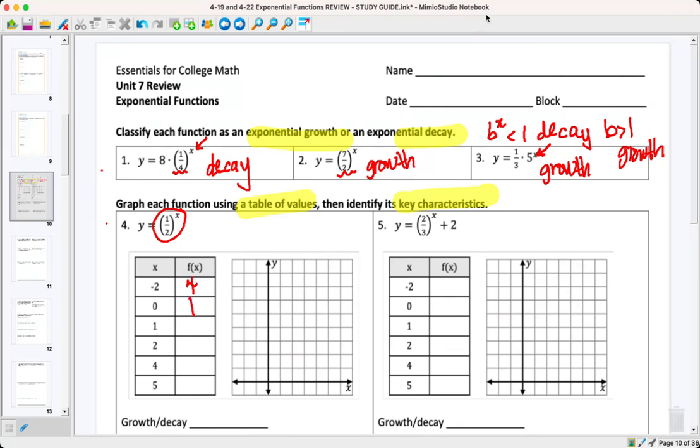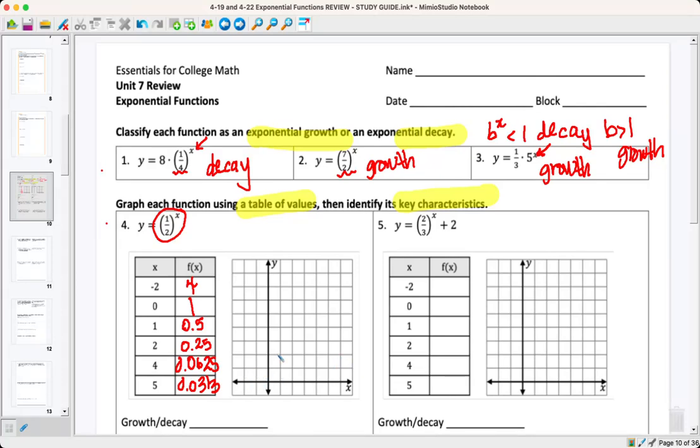And 1 is at 0.5. 2 is at 0.25. 4 is at 0.0625. And then 5 is at 0.0313. So let's plot our points.